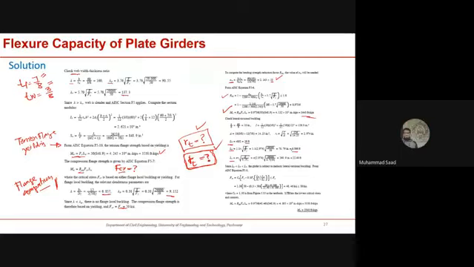Now, LR is 22 feet. So the LB value is in between LP and LR. It means that it is not compact. This is a non-compact section. And in the non-compact section, will it be subjected to elastic lateral buckling or inelastic lateral buckling?